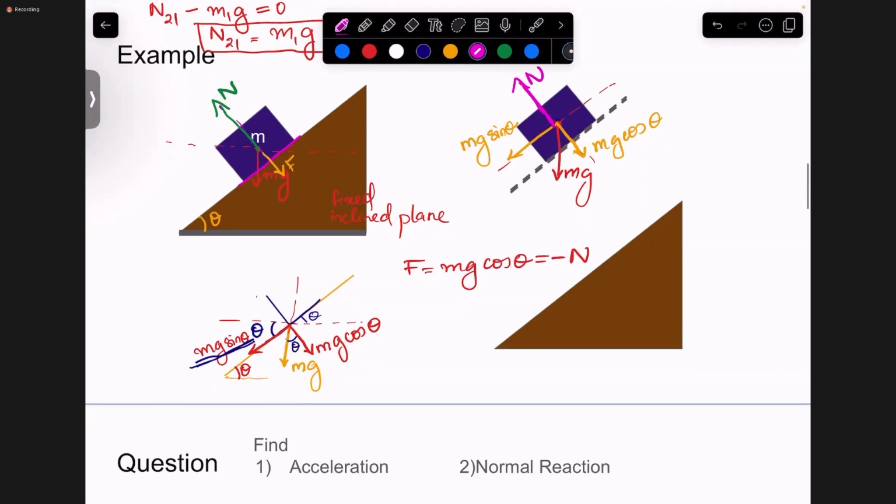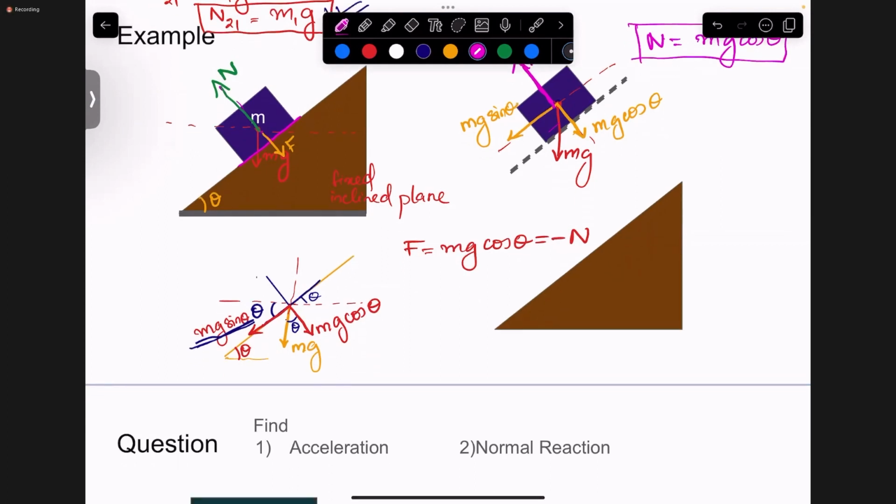So you can see that n equal to mg cos theta, because there is no motion in the vertical direction. Vertical means the perpendicular direction to the inclined plane. There is no motion, so you can just equate this thing.